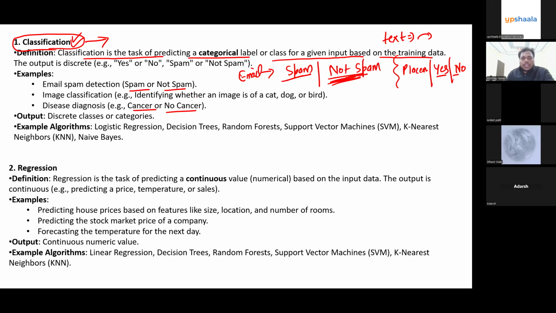This kind of classification is done by the machine learning model itself. We are just understanding the term for now; we will see where it is used. There are models like logistic regression, decision tree, random forest, SVM, KNN, and naive Bayes, which are responsible for the classification task.